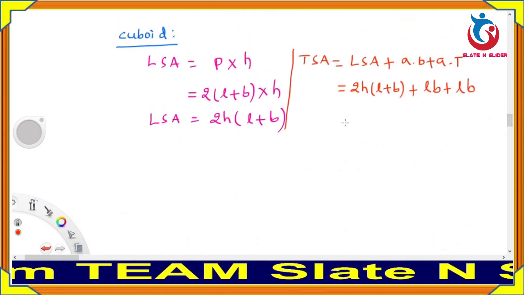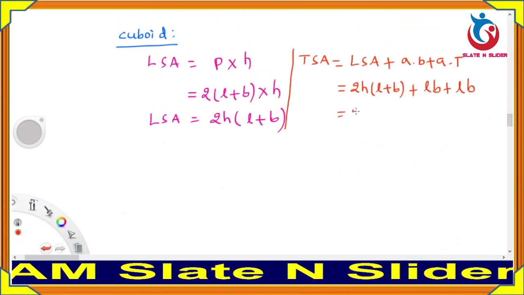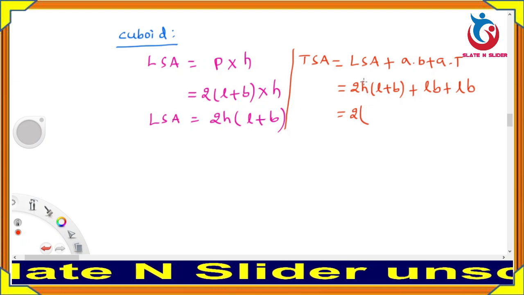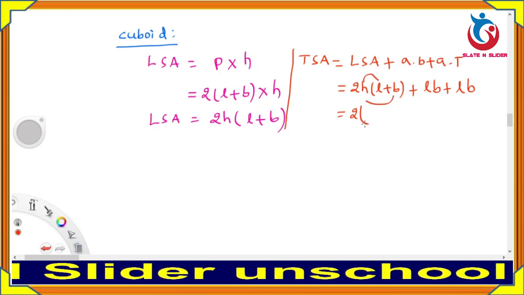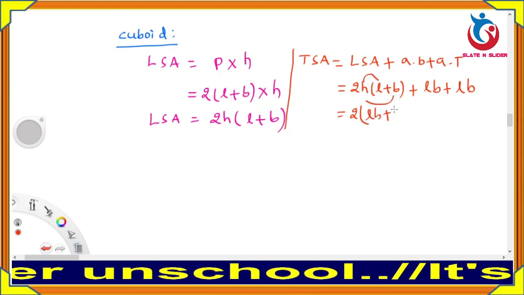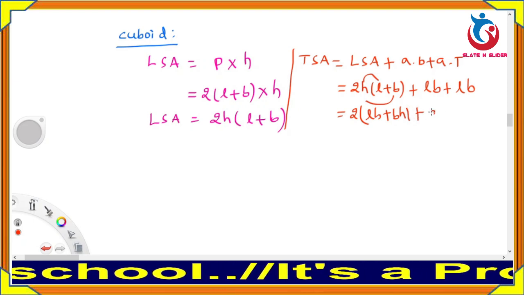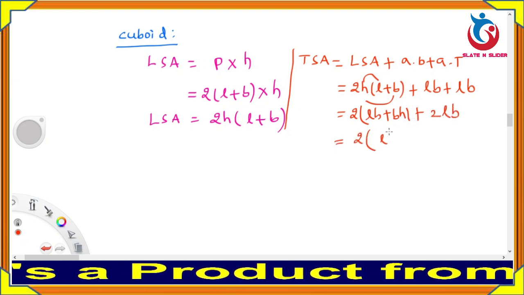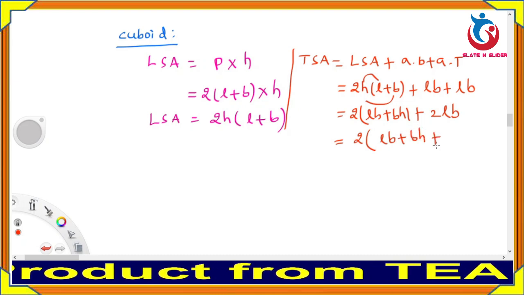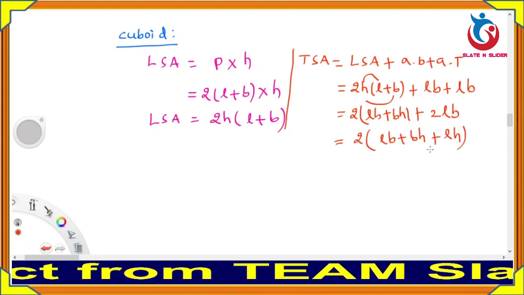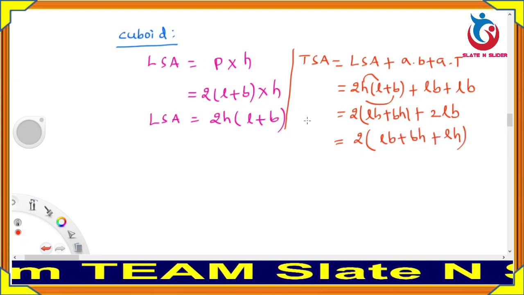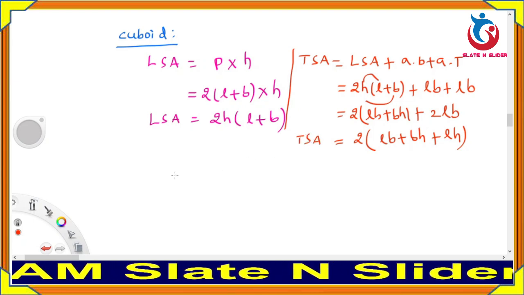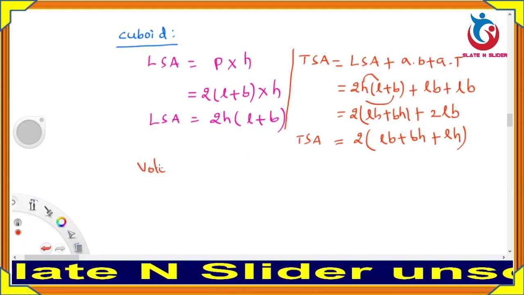So if you simplify this, we get 2 of, just multiply H inside, distributive property, LH plus BH plus this is LB plus LB, 2LB. So make 2 as common, then it will become LB plus BH plus LH. This is the TSA of cuboid.